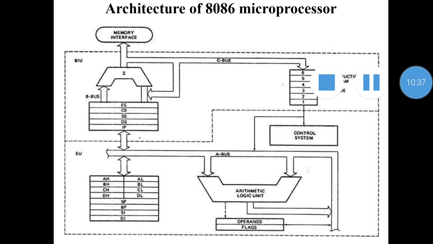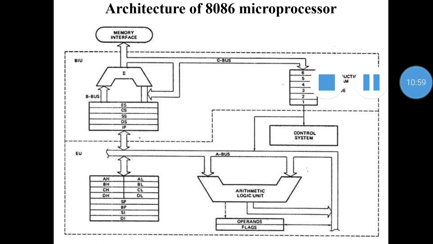Due to the parallel and independent execution of both the parts, the speed of the processor increases, meaning the execution of instructions gives output quickly.